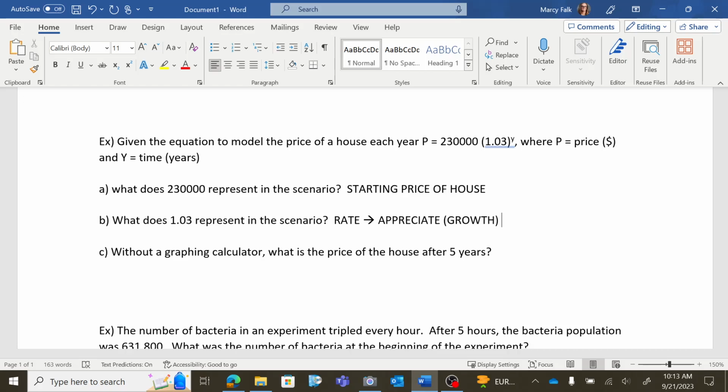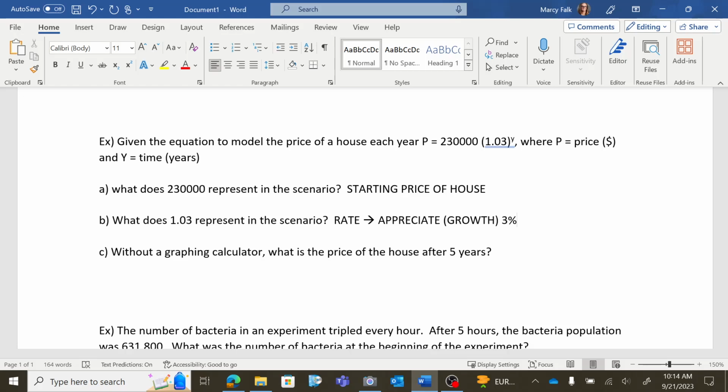So does anybody know the price? Every year it increases the value by what? 3%. Okay? 3% appreciation rate. Because that's how much I am over 100%. Because 1.03 is 103%. So I'm 3% over.